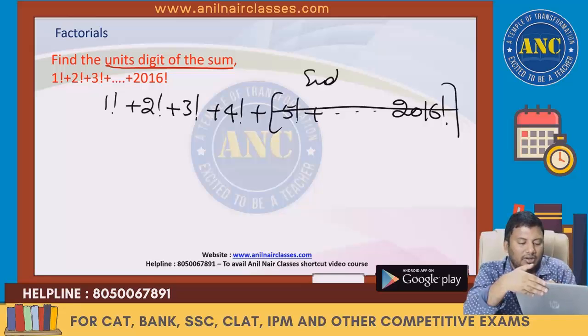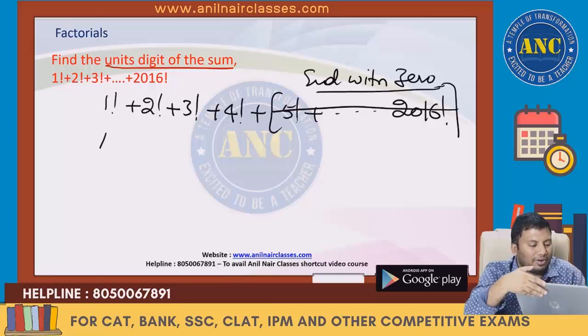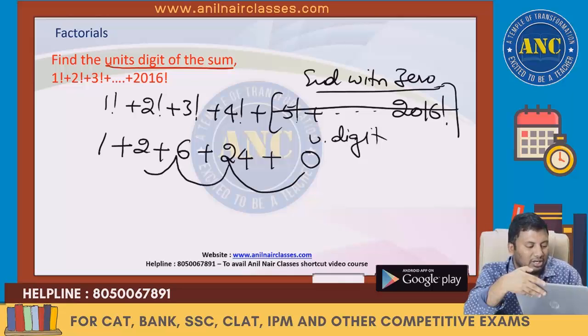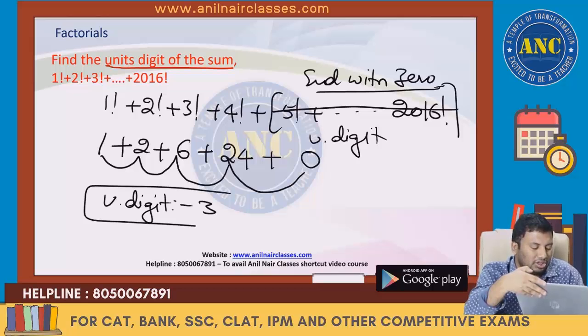All will end with 0. 5 factorial onwards, every number ends with 0. 1 factorial is 1, 2 factorial is 2, 3 factorial is 6, 4 factorial is 24, plus unit digit 0. Unit digit: 1 plus 2 is 3, 3 plus 6 is 9, 9 plus 4 is 13. So unit digit is nothing but 3.